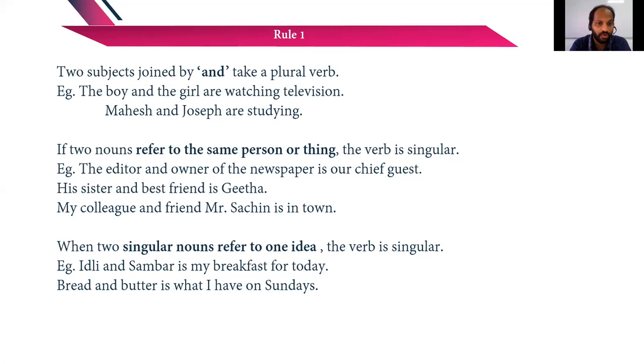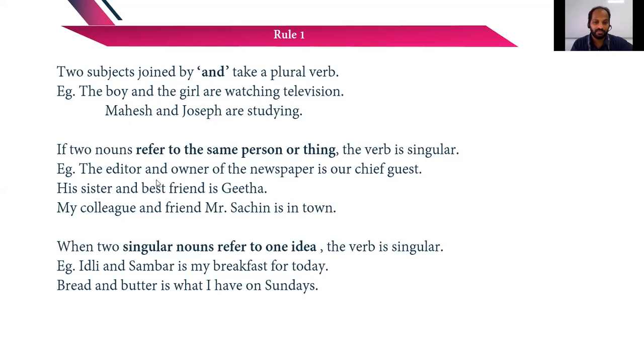Both of them, the boy and the girl, so it is plural. Mahesh and Joseph are studying. Again, two different people. So that is the general rule: when we join two subjects with and, it is plural.